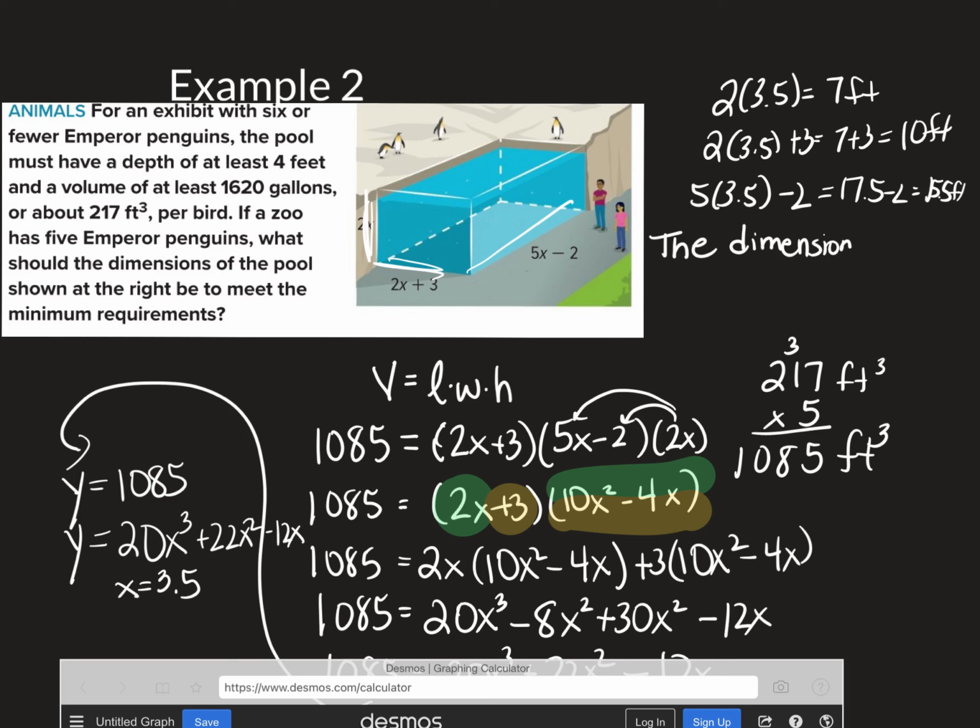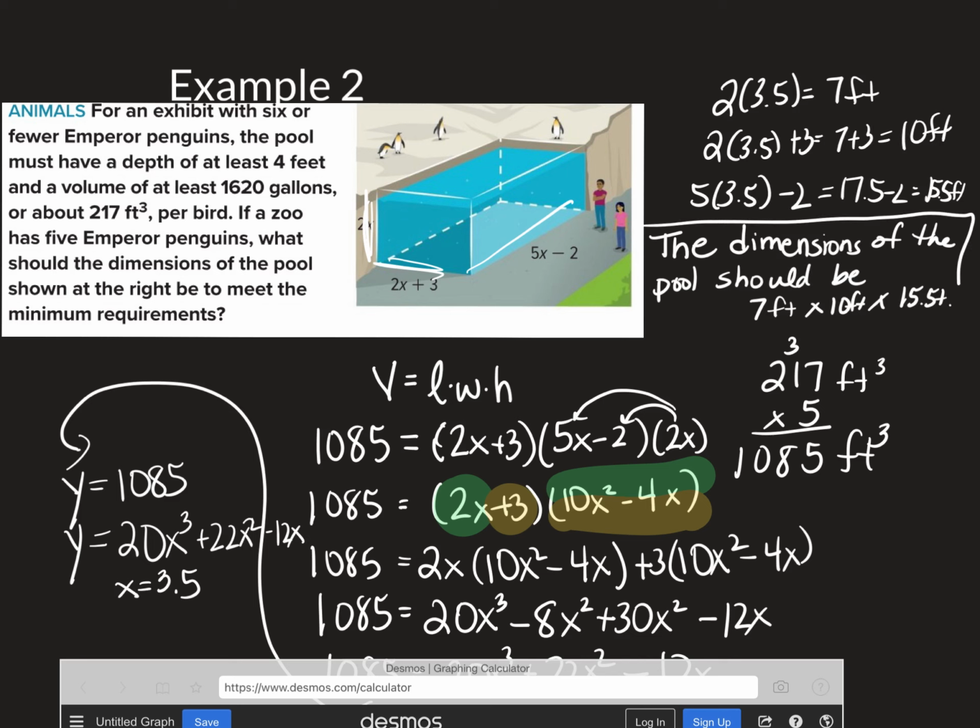The dimensions of the pool should be, in the order I have them there, 7 feet by 10 feet by 15.5 feet. And that's my final answer here. And we got that by graphing with Desmos and then substituting into the dimensions that are there.